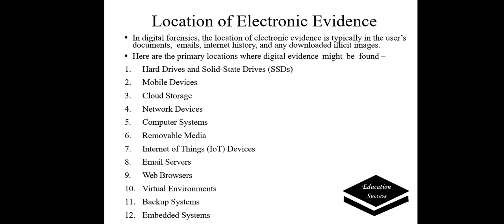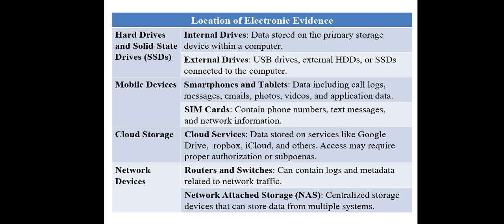It may be in a hard drive or solid state drive, we can say an SSD, mobile devices, cloud storage, network devices, computer systems, removable media, Internet of Things, meaning IoT devices, email servers, web browsers, virtual environments, backup systems, and embedded systems. We will see them in detail.